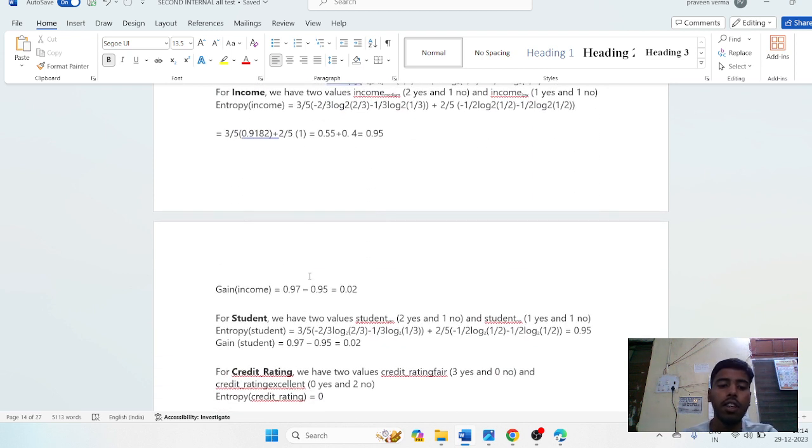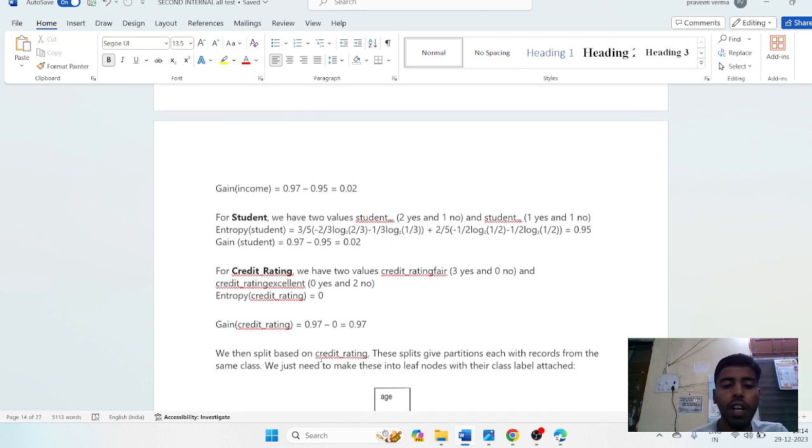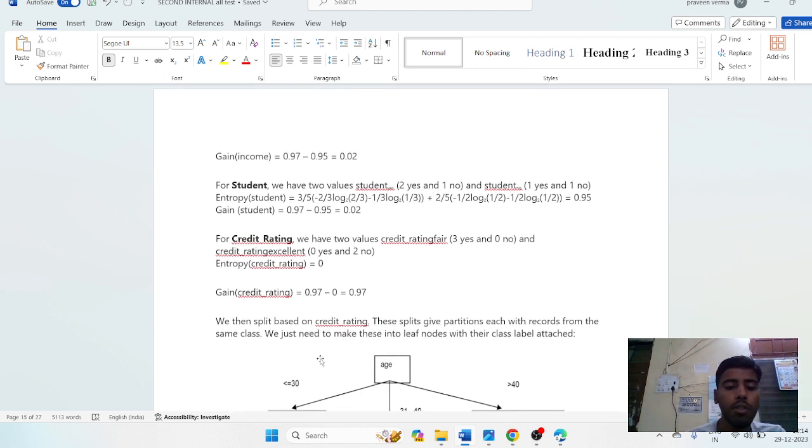We first calculate the information gain of income, which is 0.02, and the information gain of student, which is 0.02, the same as the gain of income. And we now calculate the credit rating information gain, which is 0.97, the greatest among all the attributes.